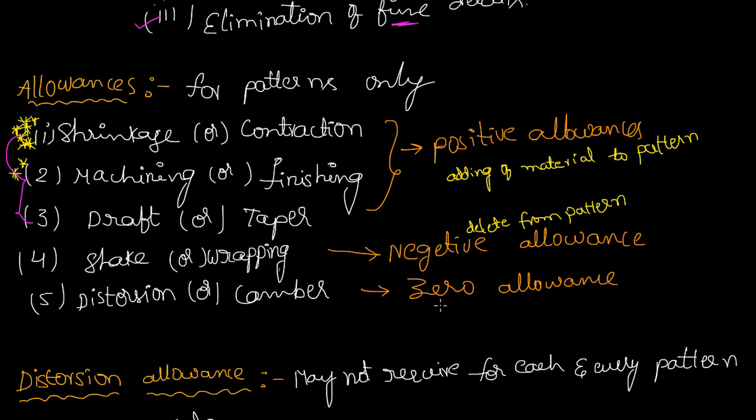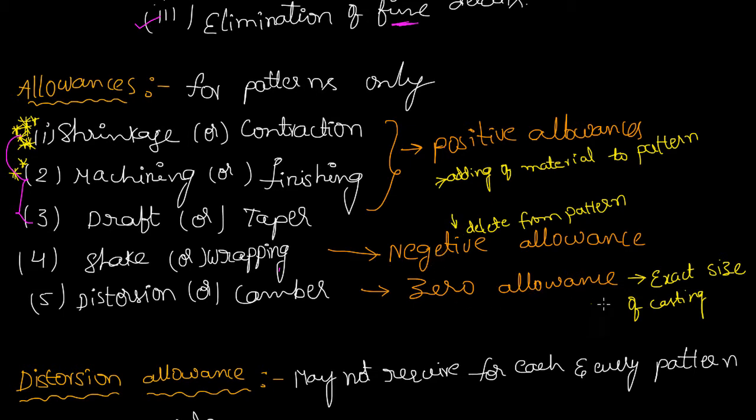If the pattern is made the exact size of the casting, then it is called zero allowance, right? If the pattern is oversized compared to the casting, then it is called positive allowance. If the pattern is undersized compared to the casting, then it is called shake or wrapping allowance.